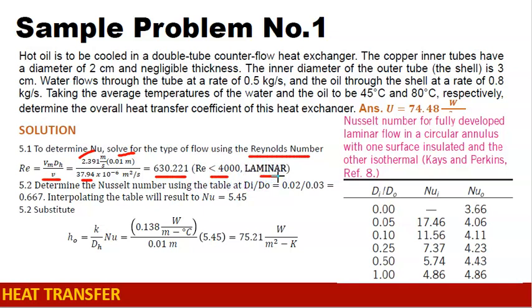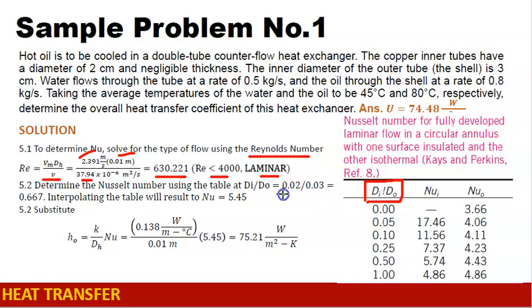So to determine the Nusselt number for annular flow, we will use this table here. Our table will require us to get first the ratio of the inside diameter to the outside diameter.